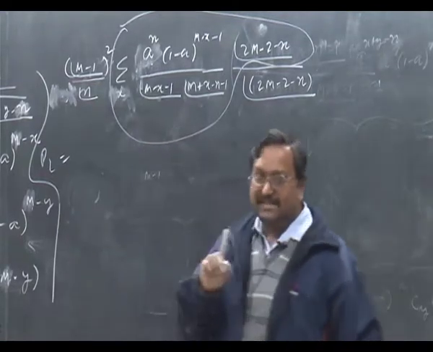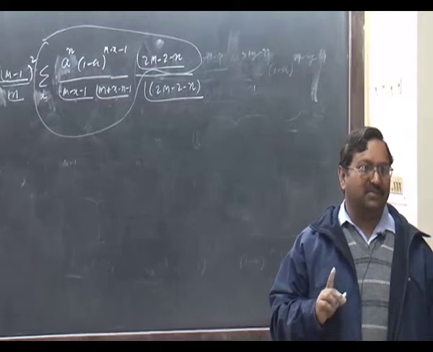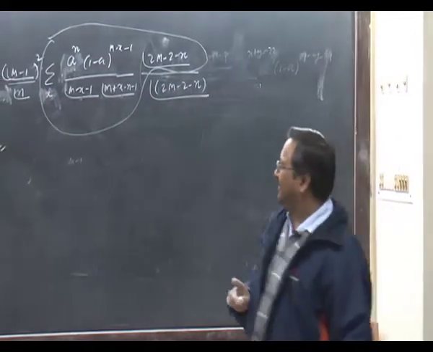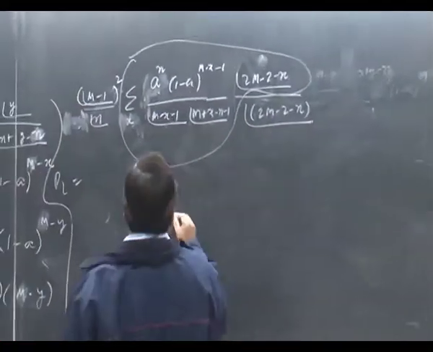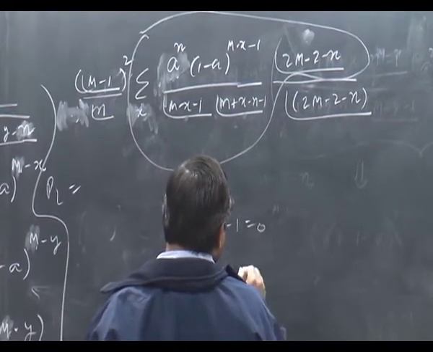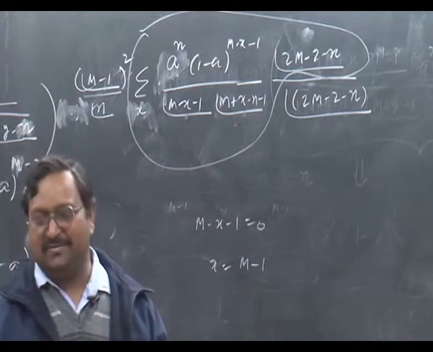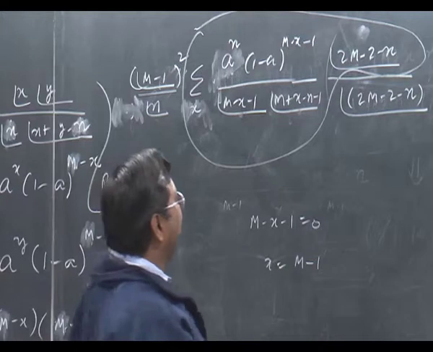Again you have to look at the range. What terms you are excluding, what all possible values of x you are excluding, is important here. So now one possible range will be, m minus x minus 1 is equal to 0, you put, so x will be m minus 1, which is valid because that is the maximum which you can get. But what is the minimum value of x?